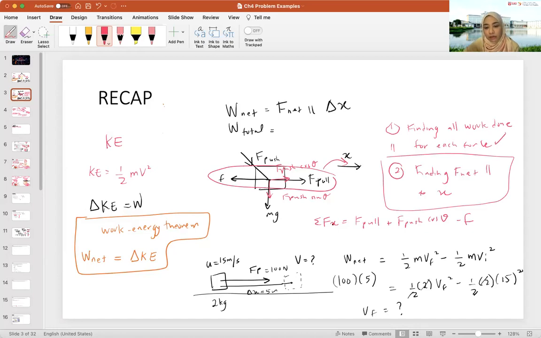So this is my F net. Dan lepas dah tahu magnitude ni, baru darab dengan displacement, you will get your W total. This is the approach to finding F net. Kita dah belajar ni, semua kita dah belajar. Saya recap balik je. This is from chapter 3.